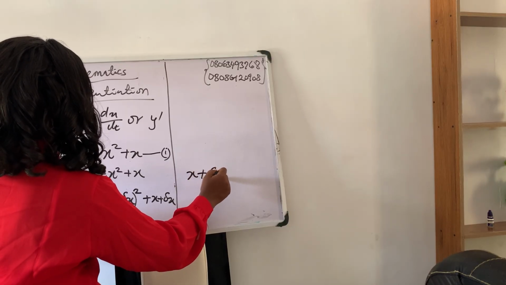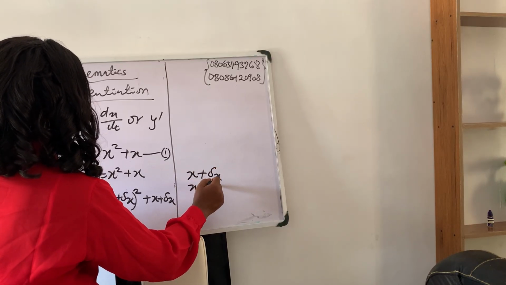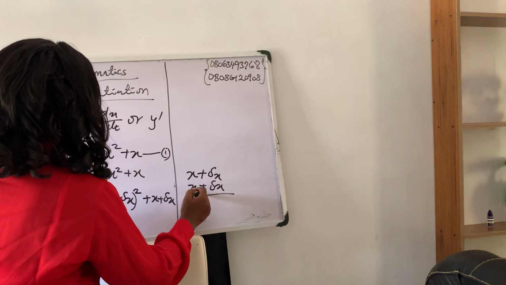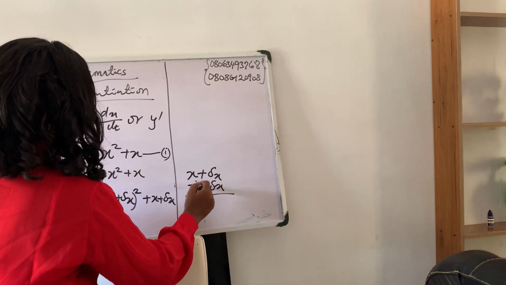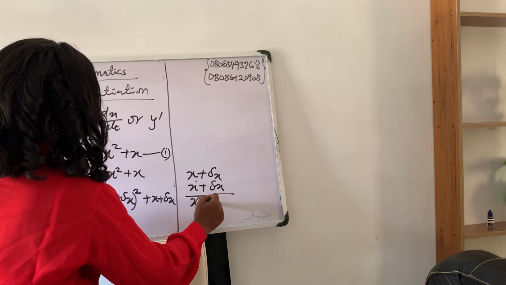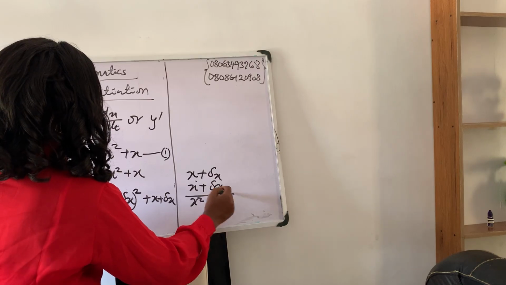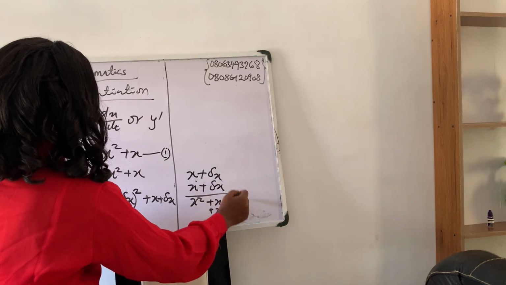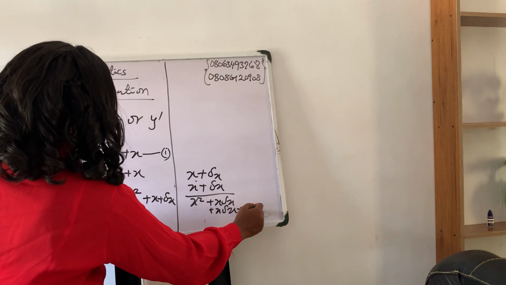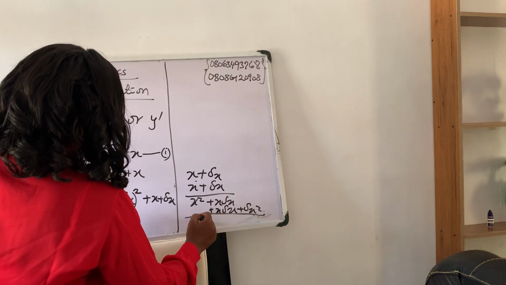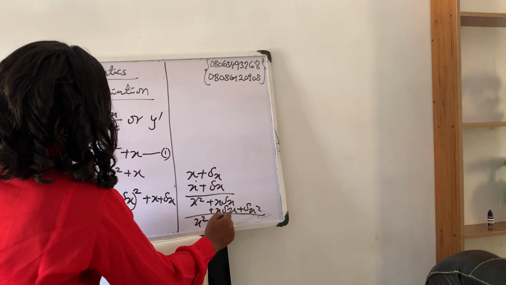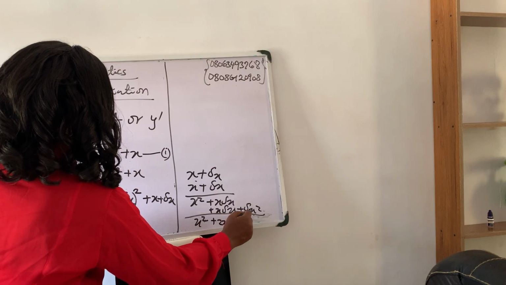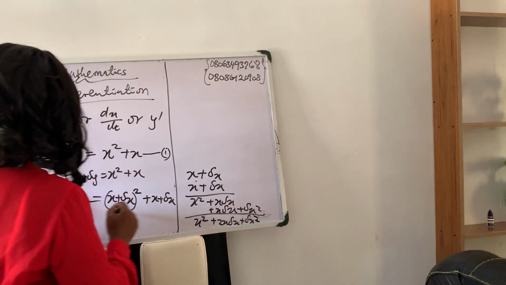x plus dx times x plus dx: x times x is x squared, x times dx is x dx, dx times x is x dx, dx times dx is dx squared. So when we add up, we have x squared plus 2x dx plus dx squared.